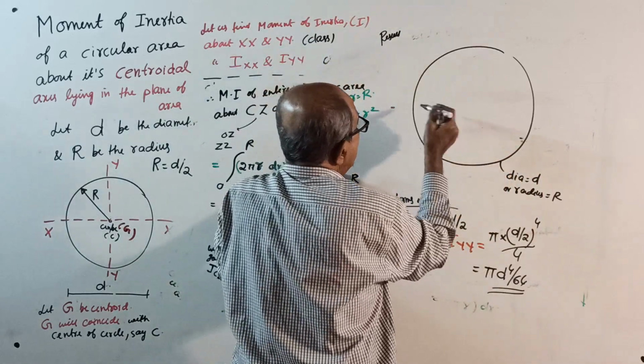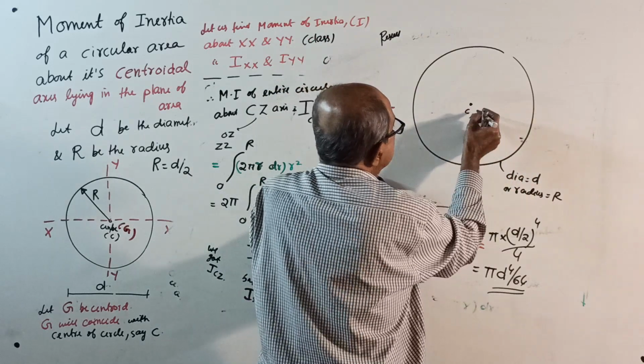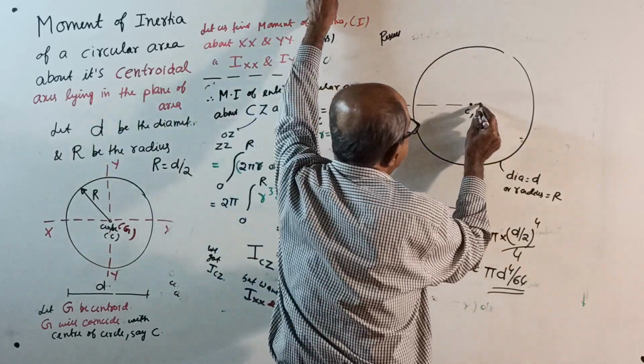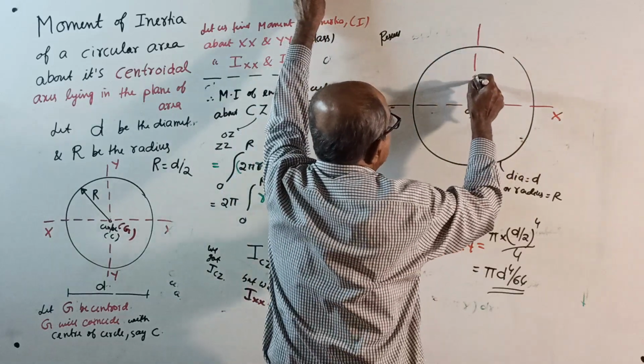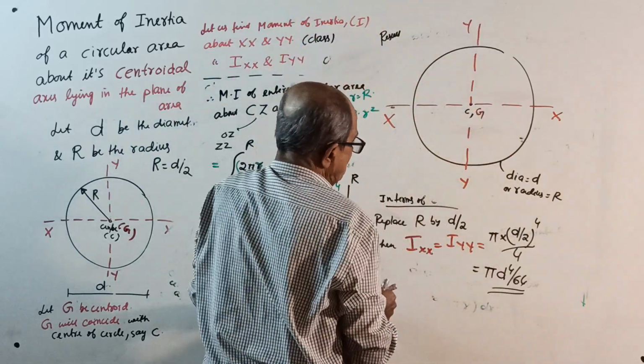This is the center of the circle, the centroid G, both are the same. This is the xx axis, the horizontal centroidal axis. This is the vertical centroidal axis, yy.